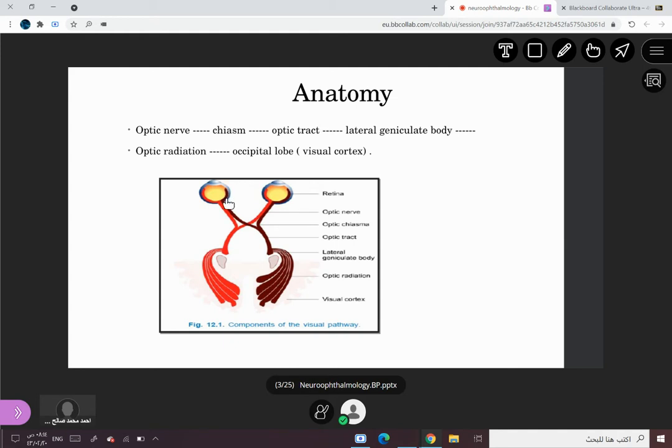Nasal retinal fiber here, temporal retinal fiber here from the left eye will constitute the left optic nerve. Then in the optic chiasm it will decussate. Decussation, as we said figuratively, there is an exception.